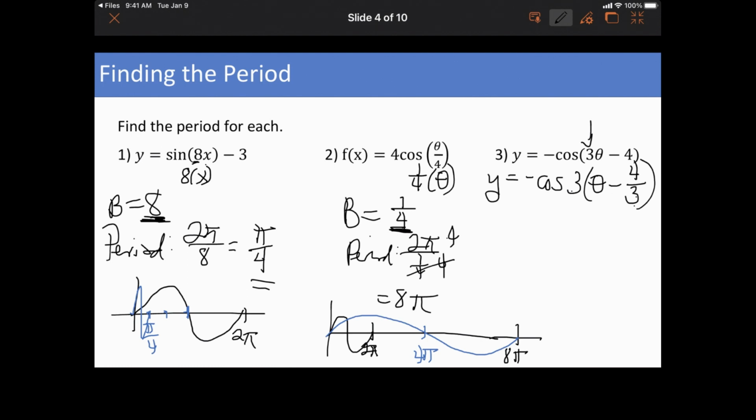So you can see my H, my horizontal shift, is not really 4, it's actually 4/3. This is why we need to factor out that 3. It changes. All right, so my B equals 3. So the period is 2 pi over 3. I can't simplify that, so that's the answer.